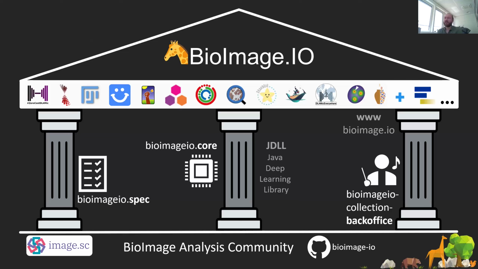All these community partners that make up Bioimaging.io benefit from this shared specification that we define in the bioimageio.spec Python library that I'll briefly talk about in a minute, as well as bioimageio.core as a common tool for the Python world. There's also the JDLL, the Java Deep Learning Library for the Java world. And then, of course, we'll have some orchestration behind our website, bioimage.io, that I'll briefly mention today too.